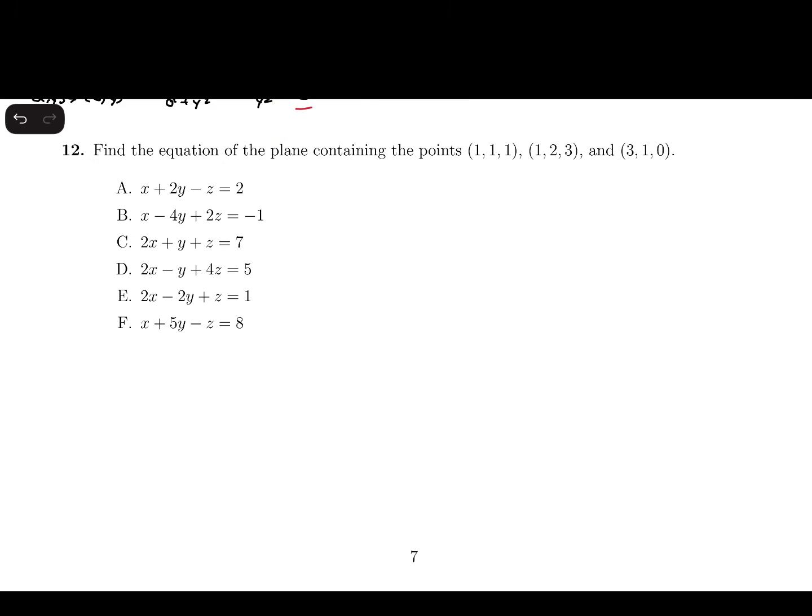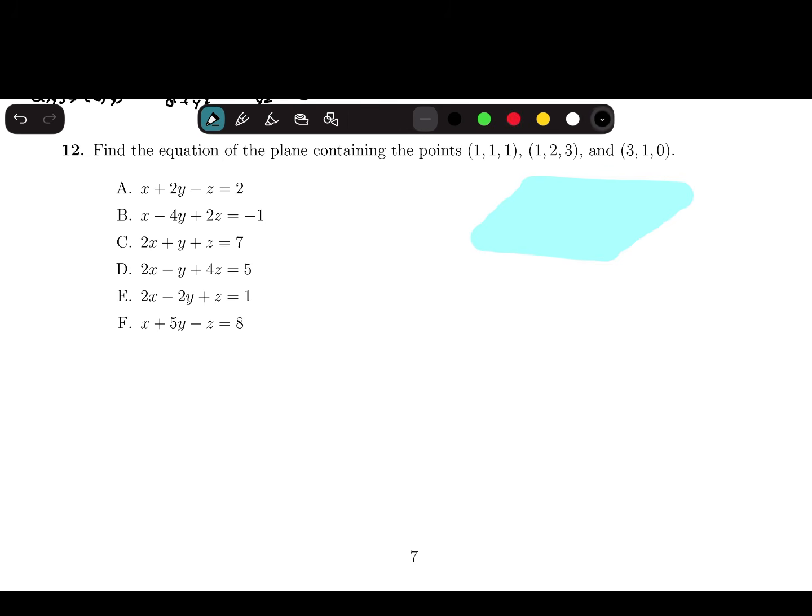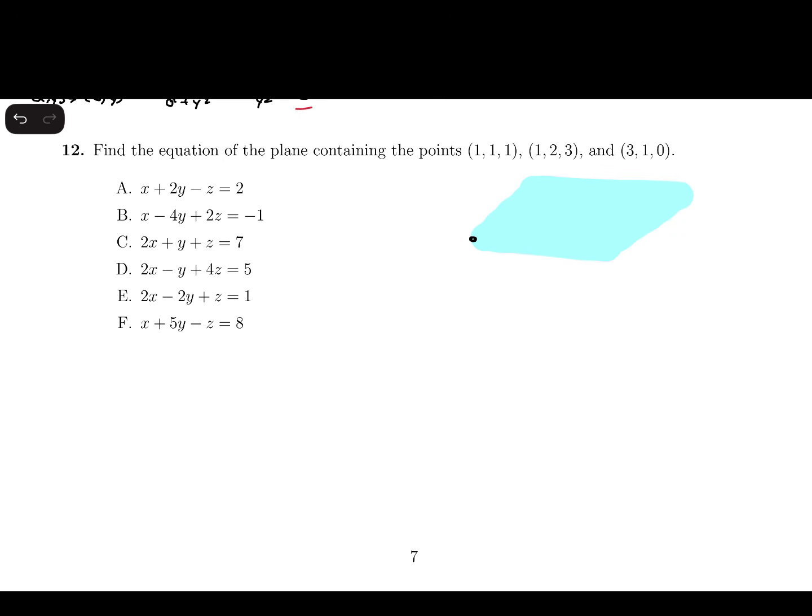Imagine you have a plane like this. Imagine you have points just like this, and they're vectors, you know? They're vectors. In order to find and define this flat plane, you need a normal vector.